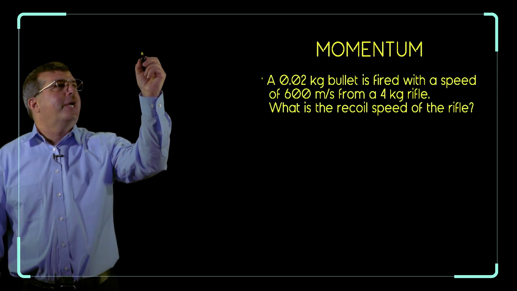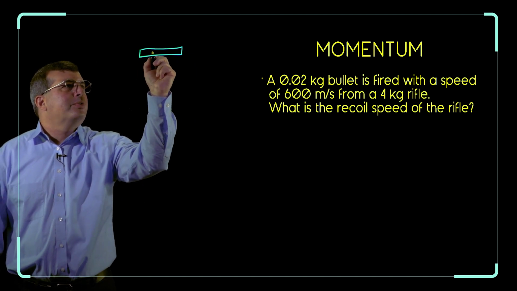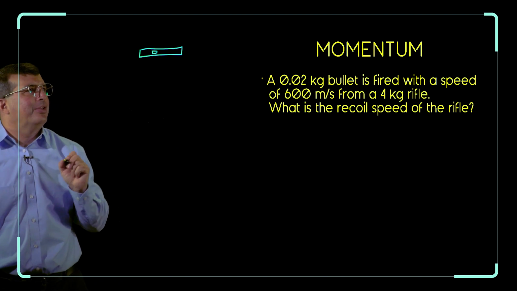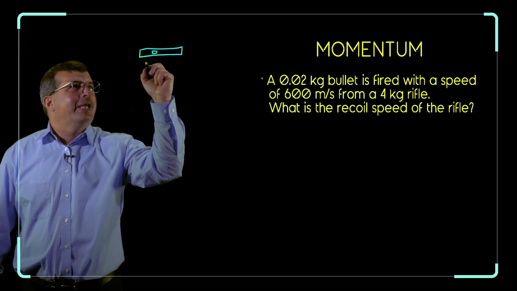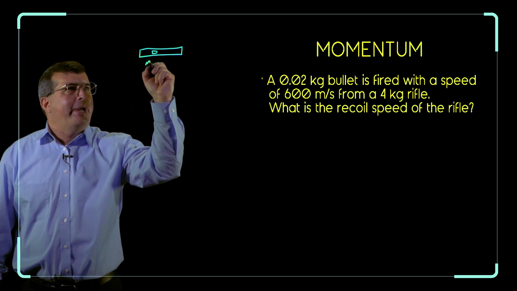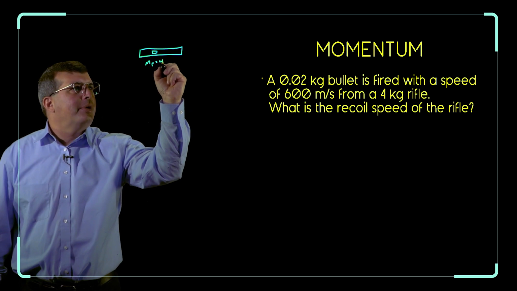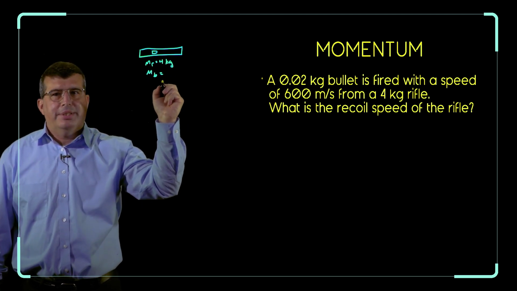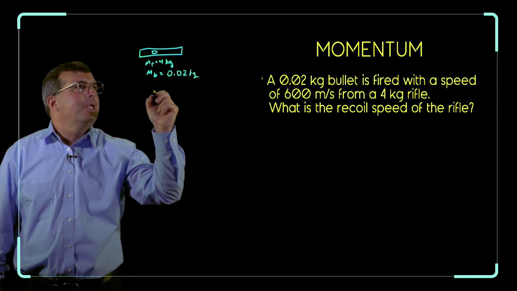Okay, let's draw a diagram. Here's the rifle, and I will draw the bullet in the rifle. So there's the bullet in the rifle before firing. Okay, and I will write mass of the rifle is equal to 4 kilograms. Mass of the bullet is 0.02 kilograms.